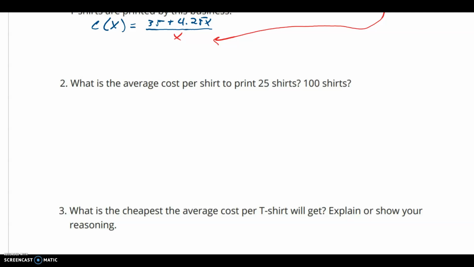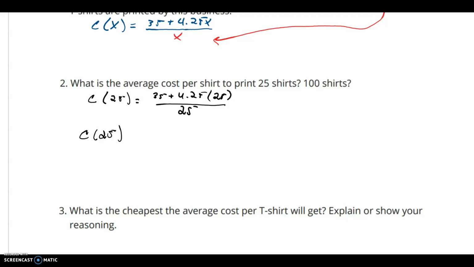So all we need to do is take this function and evaluate it when X is 25. So 35 plus 4.25 times 25, divided by the 25 total shirts.